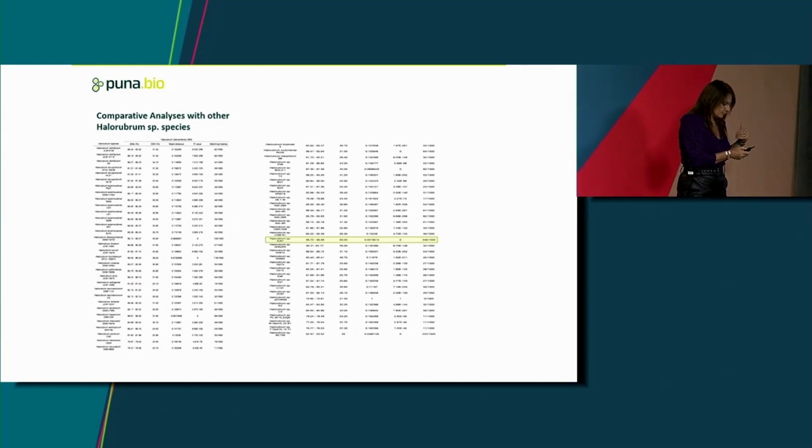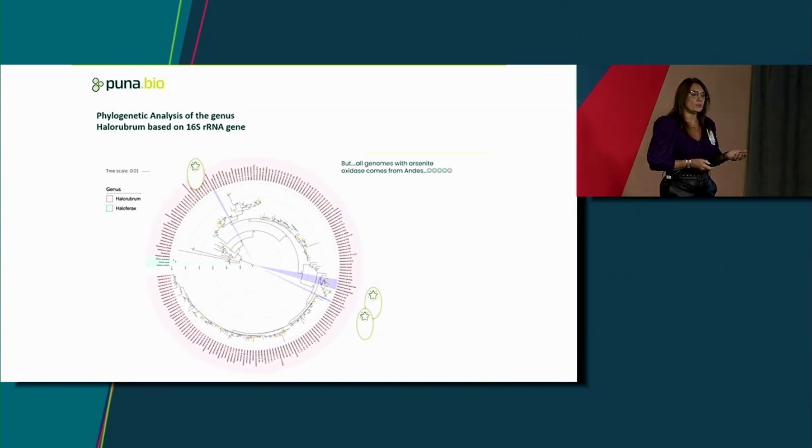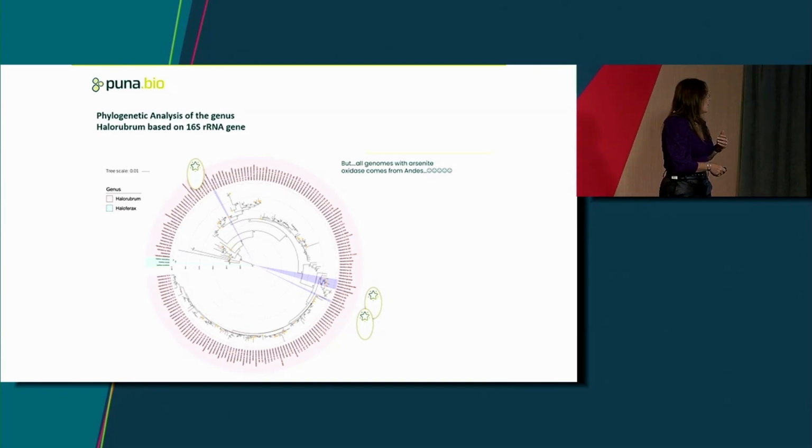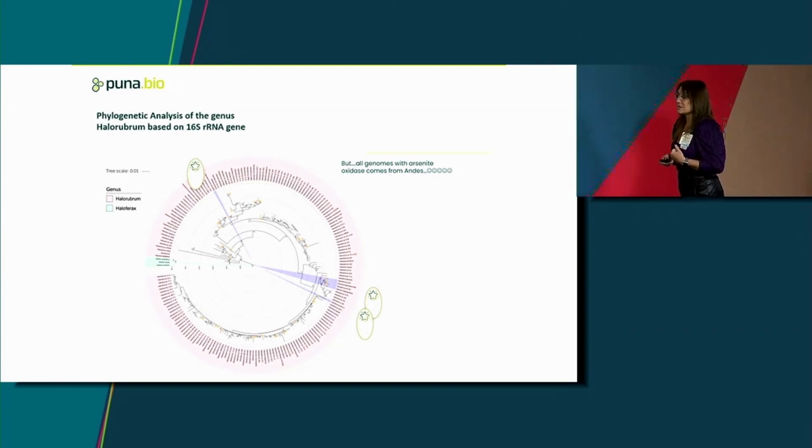But when we compare the IOA gene with all the Halorubrum in the database, we found that only the Halorubrum isolated from the Andean lakes has this gene, IOA, for respiring arsenic. So if you want to live in the Andes, you have to have these genes.